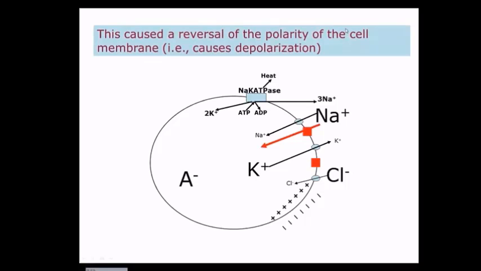Because now sodium is rushing in faster than potassium is leaving, and as a result, more positive ions in terms of sodium are added to the inside of the cell than are lost by potassium leaving, and as a result, the polarity is reversed. So this is only the beginning. This is what we call depolarization.